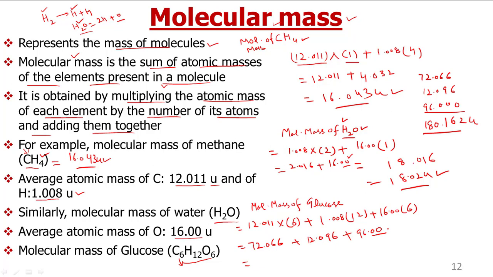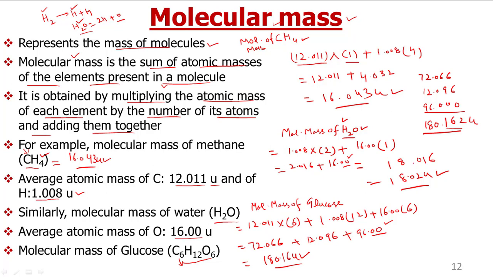This we have discussed in our previous lecture of dimensional analysis, how to add significant figures. So I have kept the link of this lecture in my description section, so please go there and watch this video so that you don't get any confusion why we are choosing only 2 decimal places after the decimal point. So if we round it off, it will be 180.16 U. So this is the molecular mass of glucose.